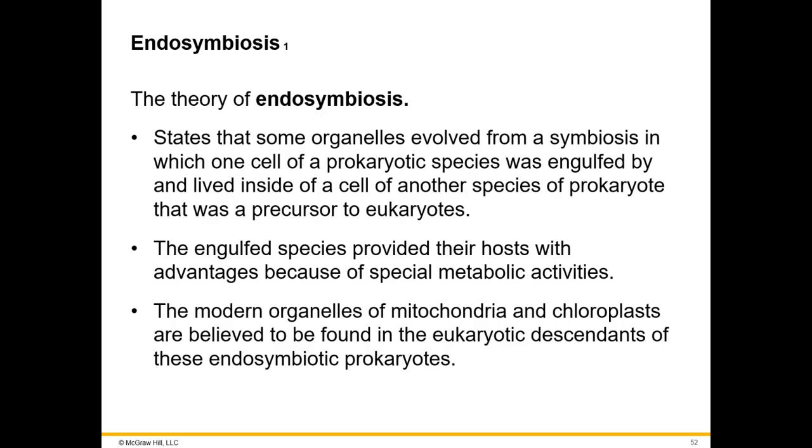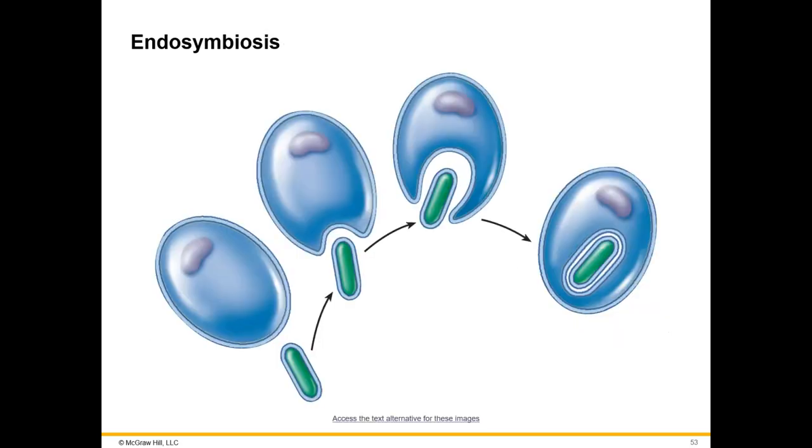The idea is that the engulfed species provided their hosts with advantages because of those special metabolic activities, like oxidative metabolism in mitochondria and photosynthesis in chloroplasts. The modern organelles of mitochondria and chloroplasts are also believed to be found in the eukaryotic descendants of these endosymbiotic prokaryotes. And this is all we're talking about.